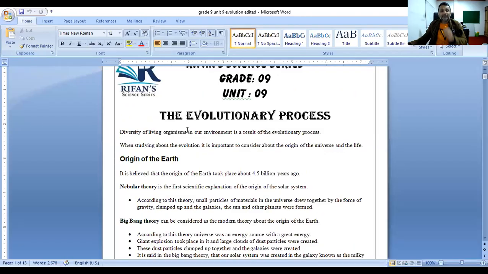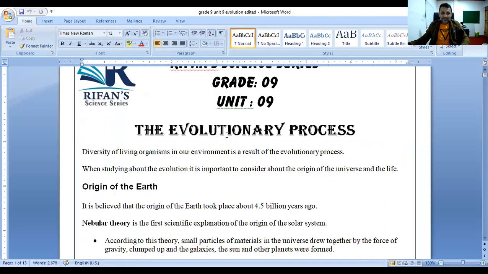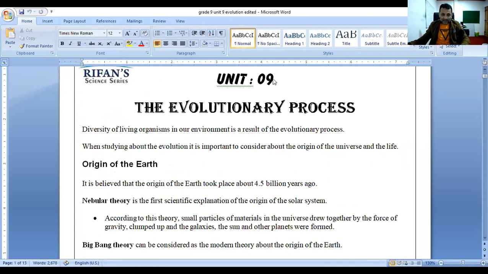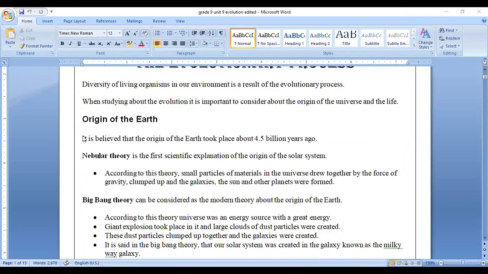Right. So coming to the first thing, under the heading, the evolutionary process. Very first thing is the origin of the Earth.